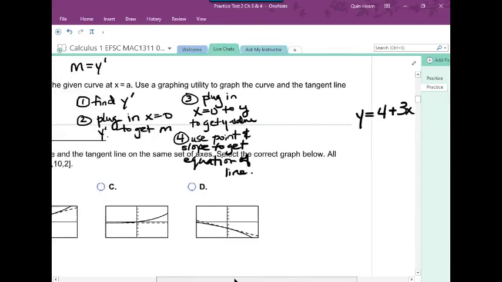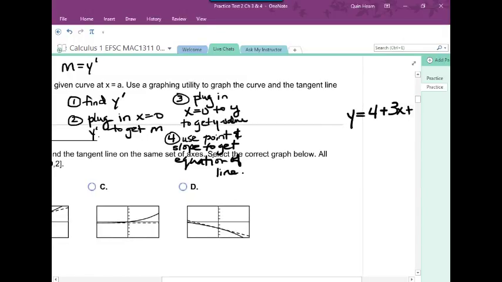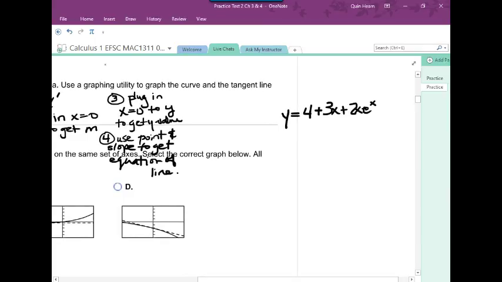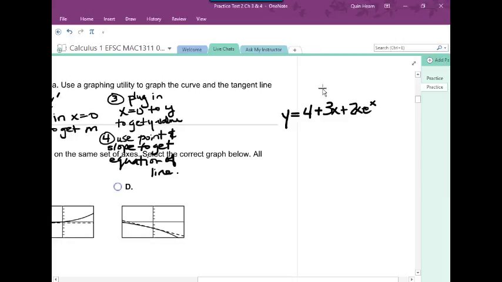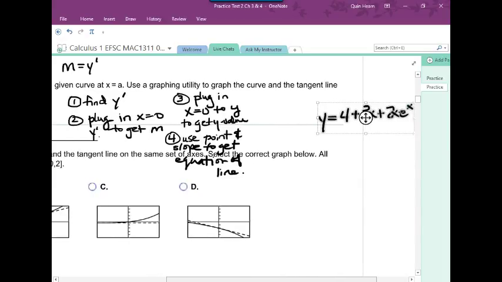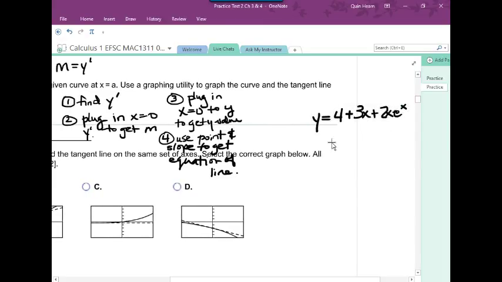Okay, so we're going to do step 1. We're going to find y prime.